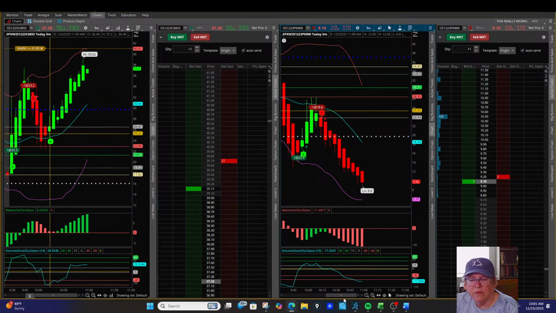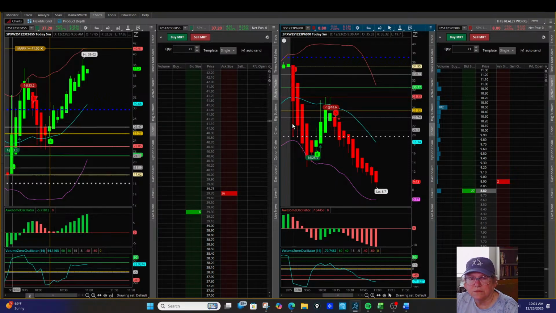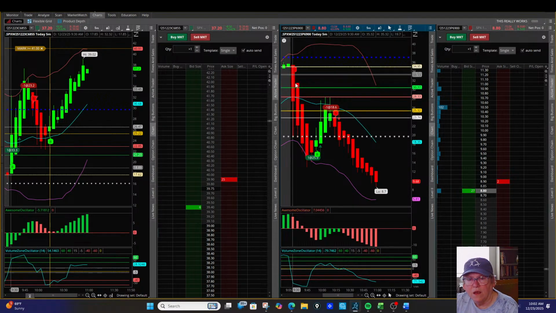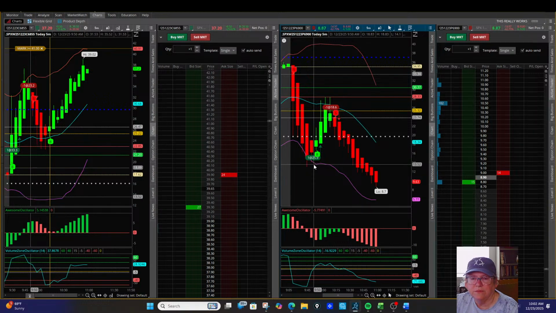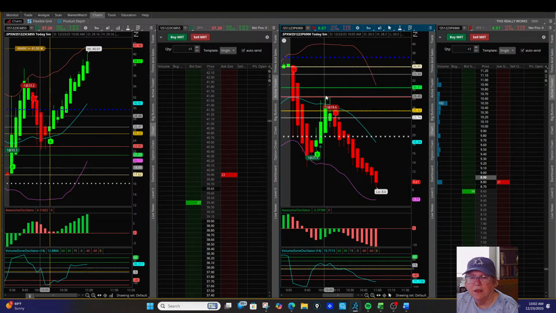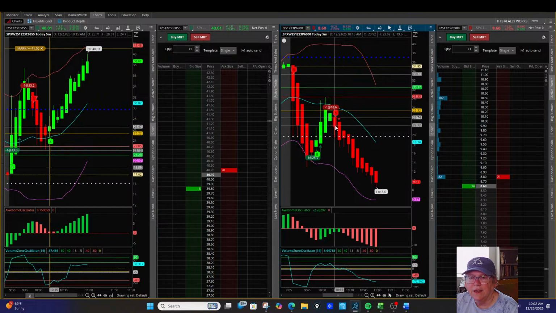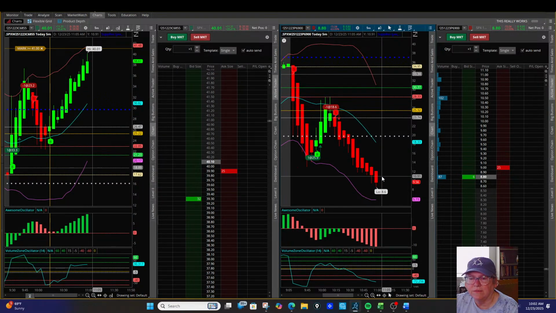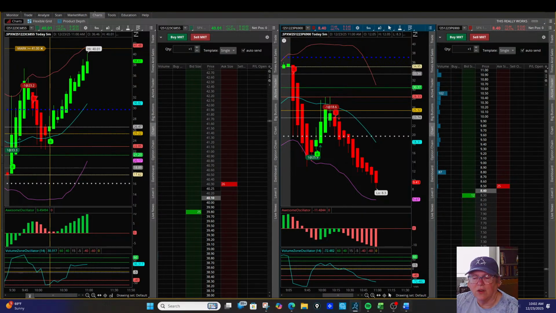Whereas if you look over here, come down, gone through the overnight low. That's bearish. Came up just a little bit to touch this support line and comes right back down. So we're just waiting to see what happens right now. My vote's on the calls.